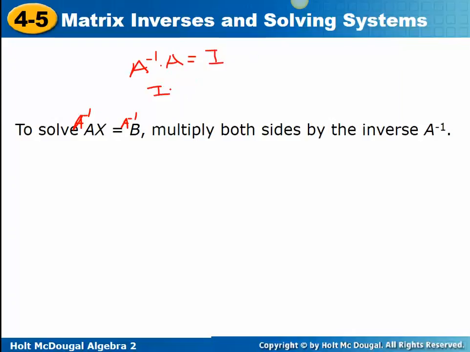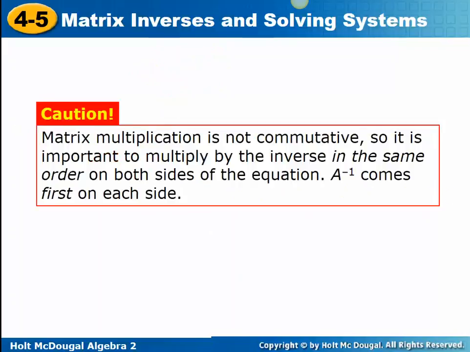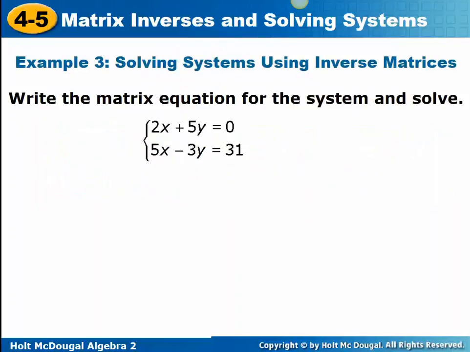And the identity matrix times X is just equal to X. So this would solve for X, and we would get X equals the inverse matrix times B, which was our constant matrix. And again, you have to have the inverse matrix come first when you multiply on both sides.